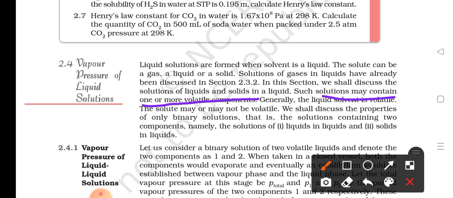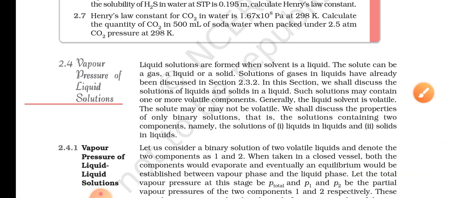If the solution is solid in liquid, then what happens? There only the liquid can be volatile, but the solid is not. So in this solution, there is only one volatile component, and that is the liquid.